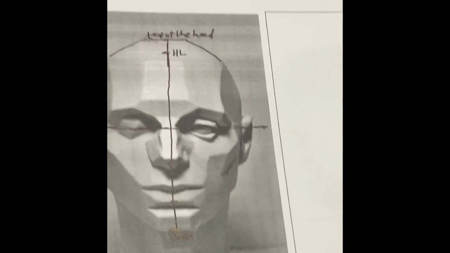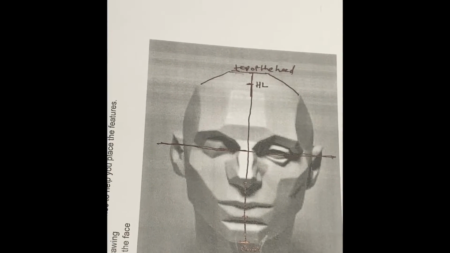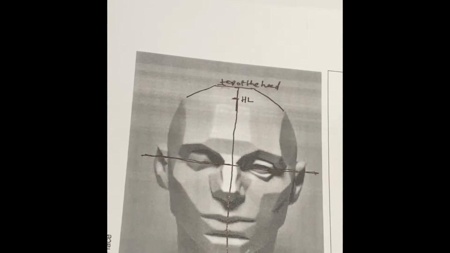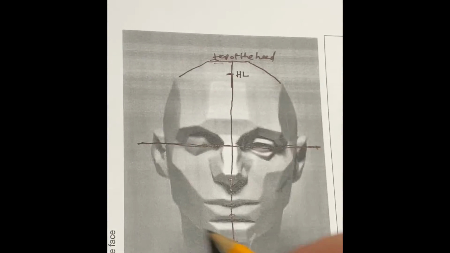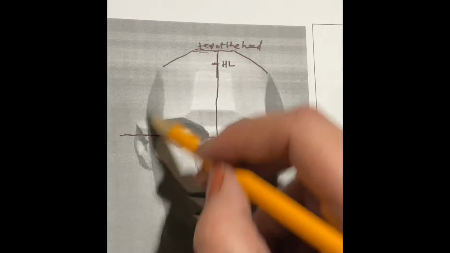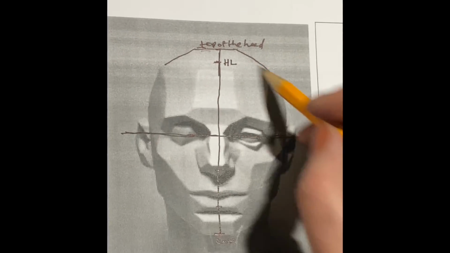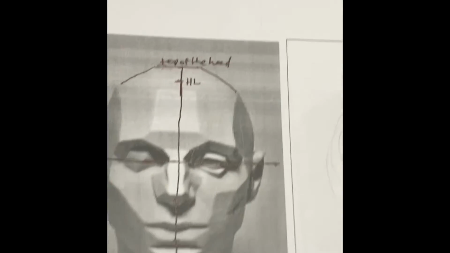Okay, now we're going to begin to draw this. To begin drawing, I like to start with a circle, but our heads are basically just an upside down egg shape. Everyone's head shape is a little bit different, but basically, what I see here, it's an upside down egg. So like I was saying, I kind of like to start with a circle. I can move my hand around the head just to get a good indication of the shape of it or the size of it.